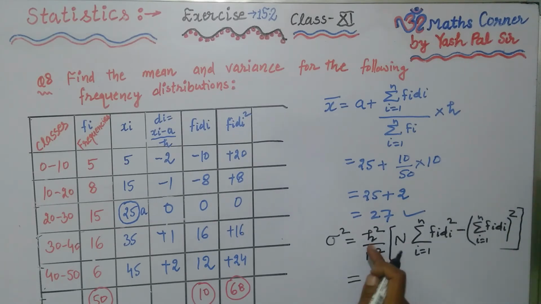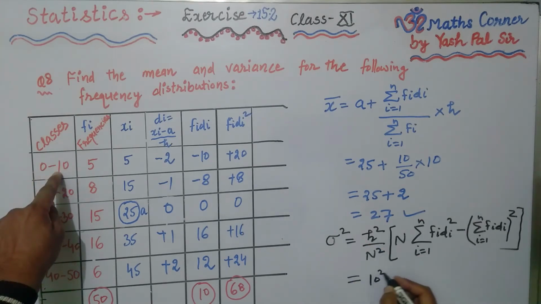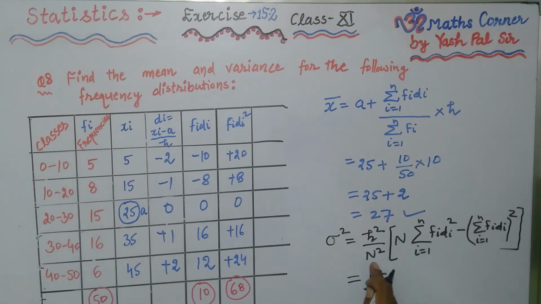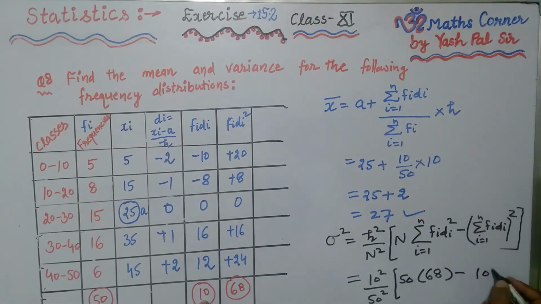So what is h square? h means 10, 10 whole square, divided by n is 50 whole square, into n is 50 into fi di square, which is 68, minus fi di, this is 10, its whole square.